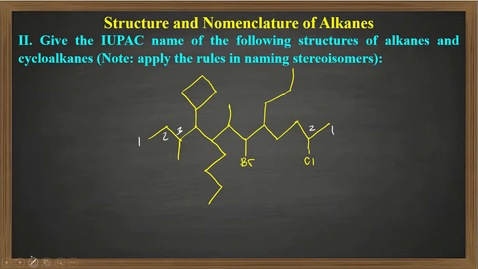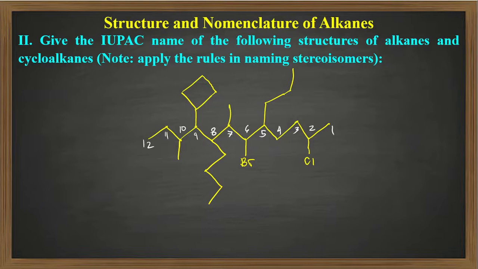So we will follow the numbering from right to left. Okay? So this will be carbon number 3, carbon number 4, carbon number 5, 6, 7, 8, 9, 10, 11, and this will be carbon number 12.